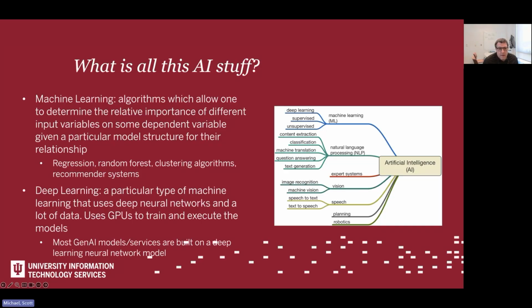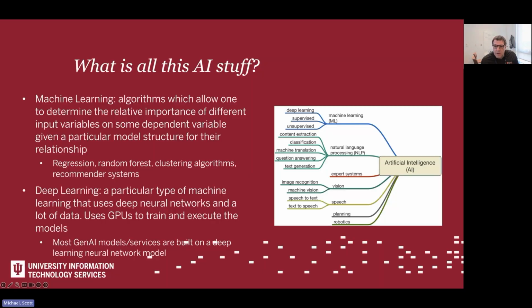So when we're talking about deep learning, machine learning, LLMs, and other AI things, it's also important to sort of define what those are. There's a lot of different types of machine learning algorithms, and these are algorithms that can be trained on a large amount of data, and can differentiate or help select important features in a given data set.